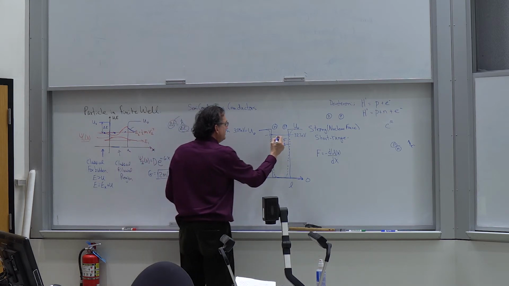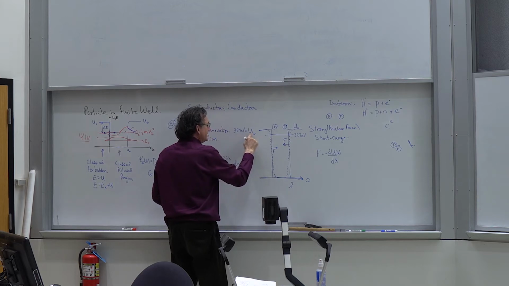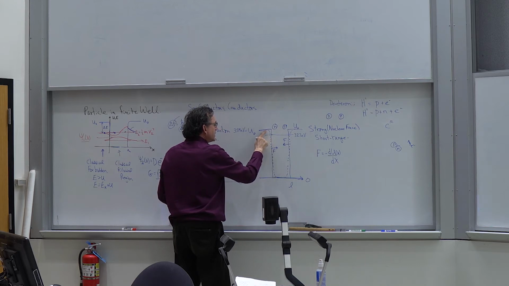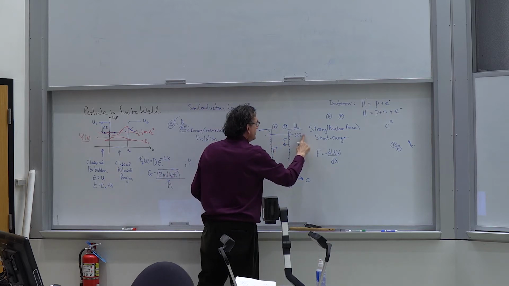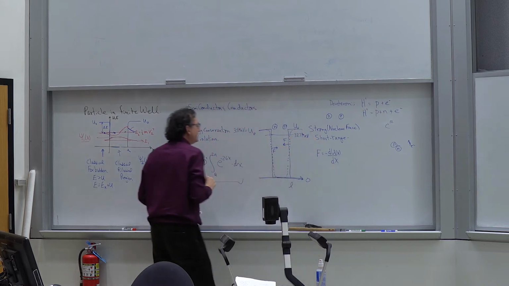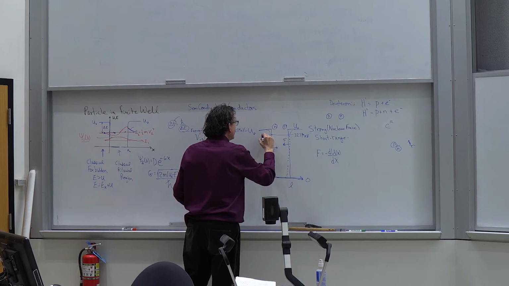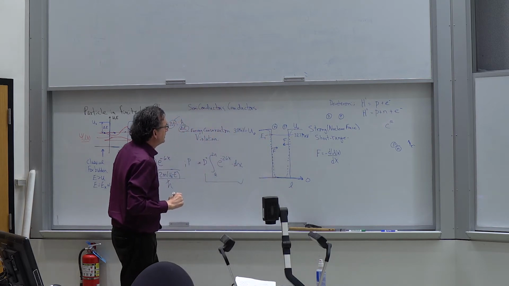The binding energy that's holding these together is the difference between the potential at the outside of the box or the well, and the energy of the ground state for the deuteron.